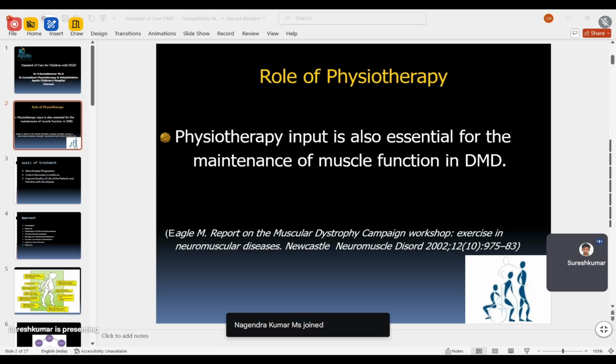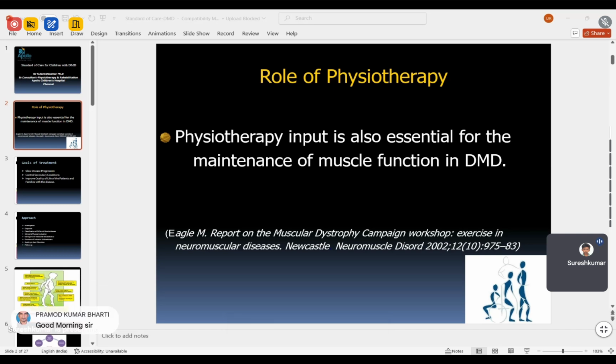Most of the time, we see the child after 5 years. If the child is referred before 5 years, we tell the parents, don't worry about physiotherapy or any other therapy now. You strictly follow what your doctors say. At any cost, don't overdo any activity. Some parents are very keen.